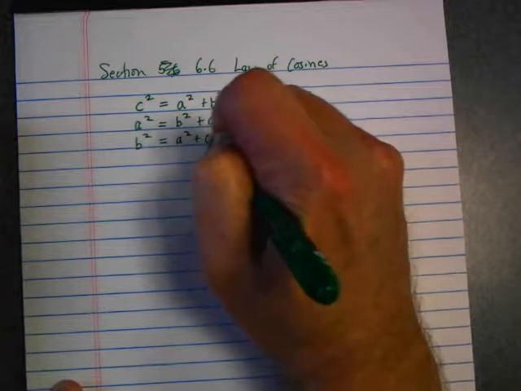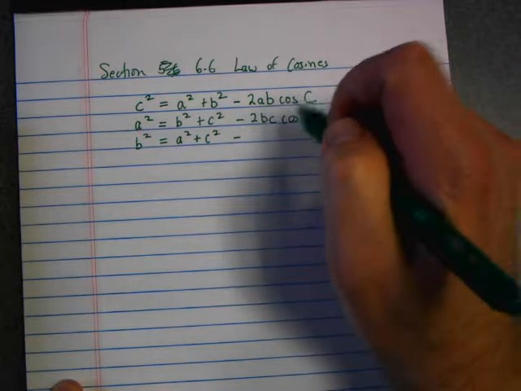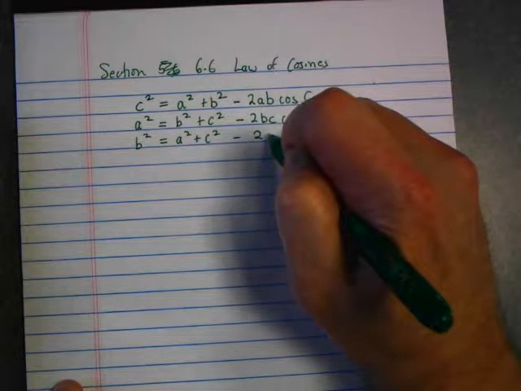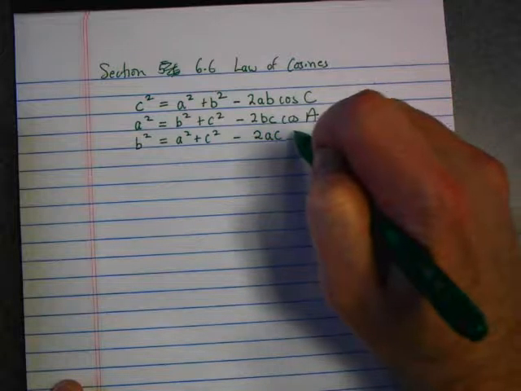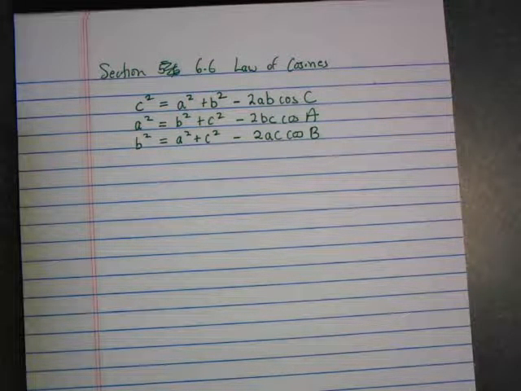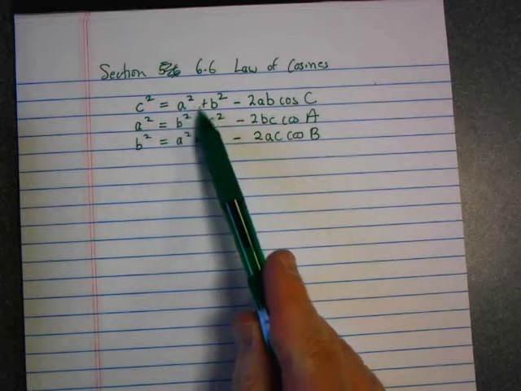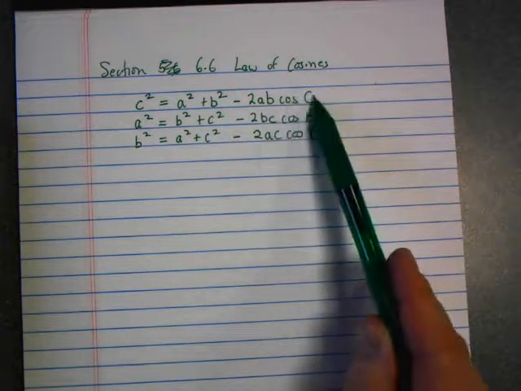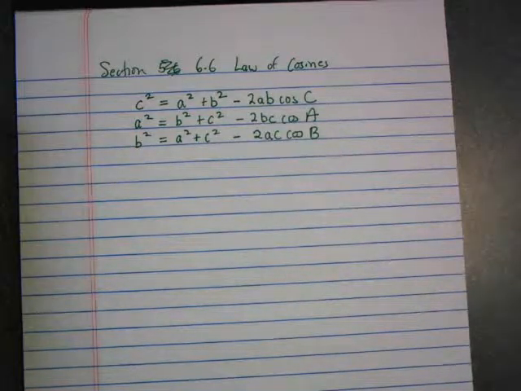A squared plus C squared minus 2AC cosine of B. Once you know C squared equals A squared plus B squared minus 2AB cosine C, the other 2 are just rotate the letters around. So it's not that hard to remember all 3 of them.